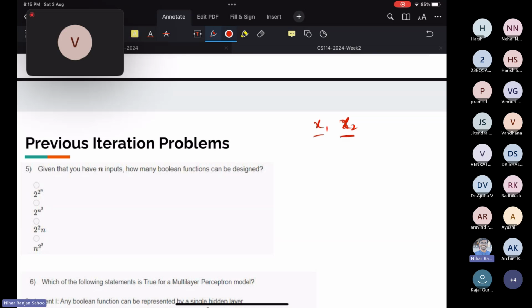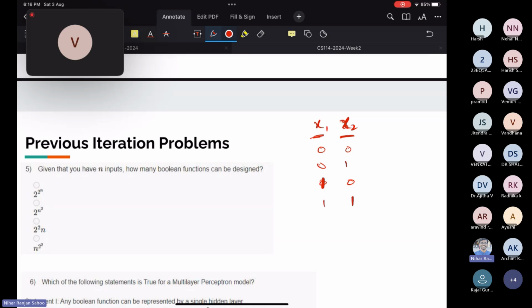If x1 and x2 are binary, there are 4 combinations: 0 0, 0 1, 1 0, 1 1. The question is asking how many Boolean functions we can design. These are the 4 possible input pairs.